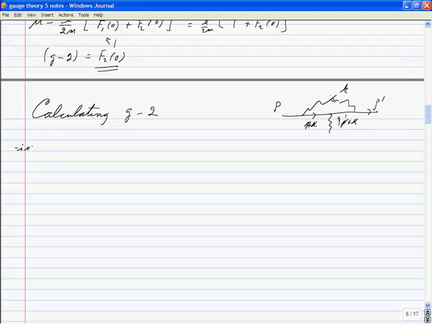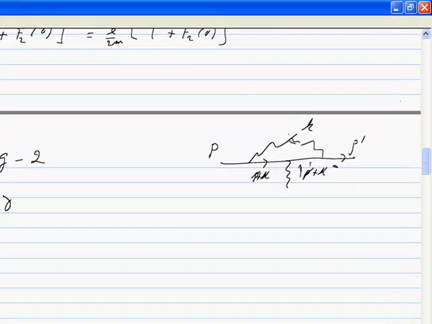The vertex, minus ie, I'm calling it Γ^μ, is the integral d⁴k/(2π)⁴. On this side, I have minus ie γ^α.